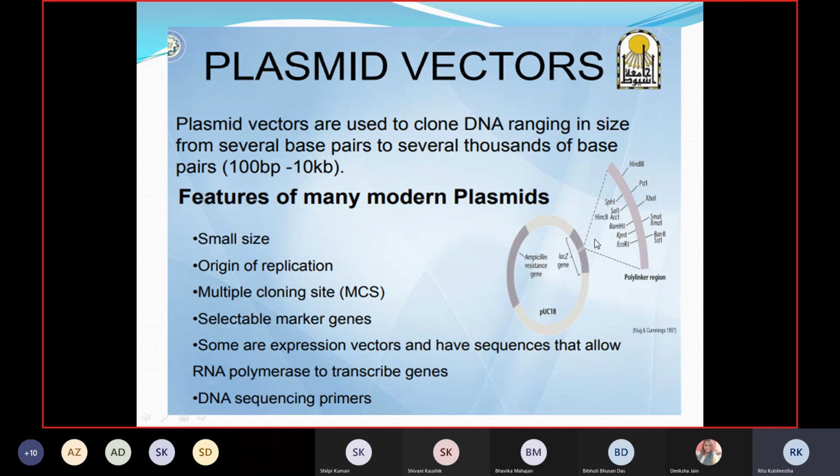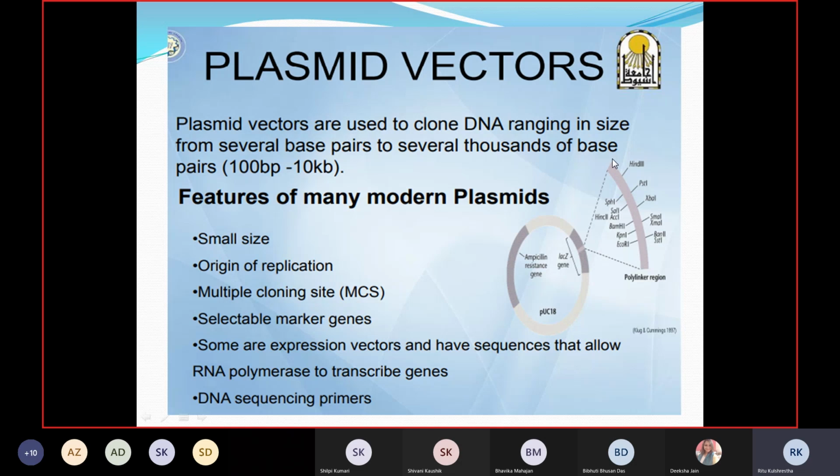Because if there was just one site available for cloning in the plasmid vector, we would be restricted, and every time we would need, let's say, an EcoRI site on both sides of our insert. We don't want to be limited to just one site, with problems in directionality and so on. So it's very useful to have a stretch of DNA in which multiple restriction enzyme sites have already been introduced in these commercial vectors.